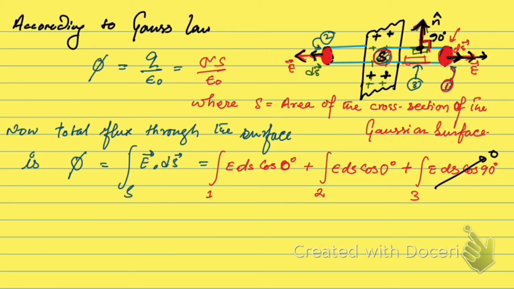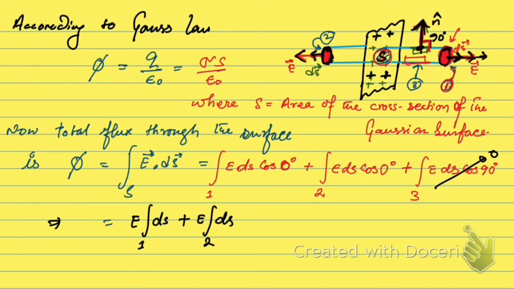So we have the integration. E is constant in both, as both ends are at the same distance from the sheet. So E is fixed for both and is taken outside the surface integral, for surface number 1 and surface number 2, and this is 0, which is not necessary to write.